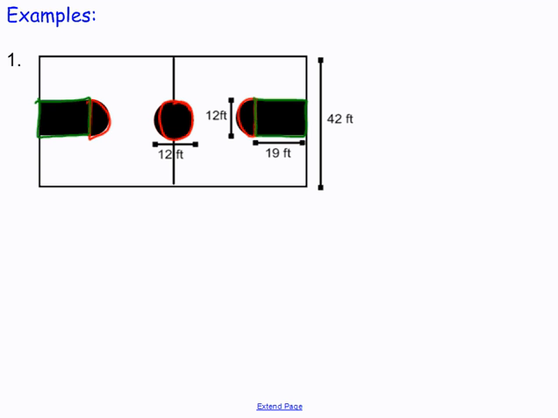So what I'm going to do is figure out the area of two circles and the area of two rectangles. We know that the area of a circle equals pi r squared, and the area of the rectangles are going to be base times height. But I'm going to alter those formulas just a little bit so that we can do it easier.